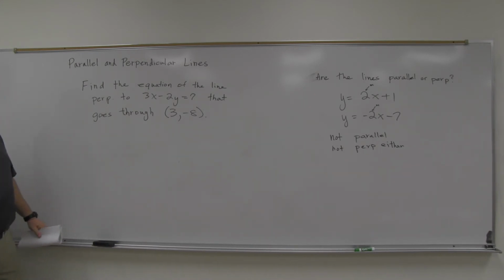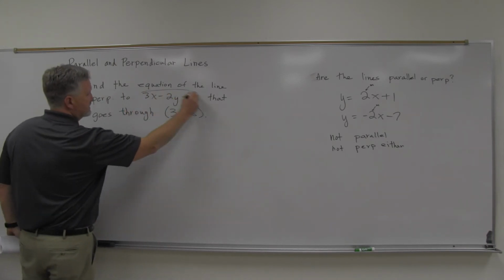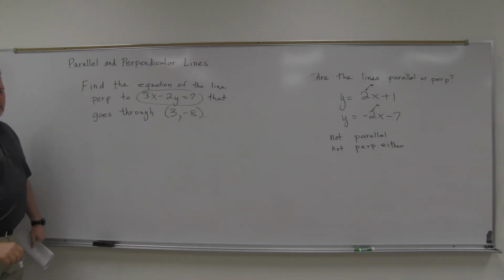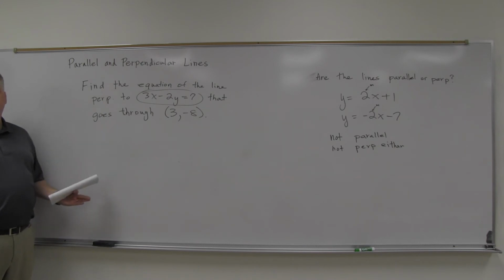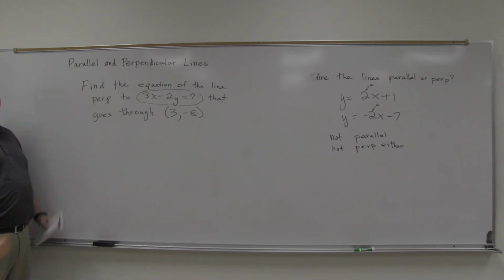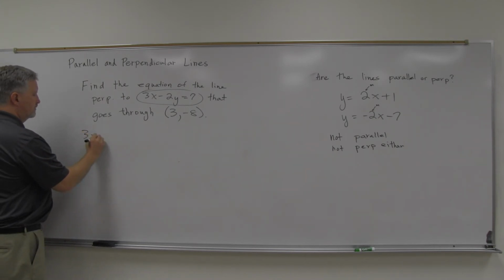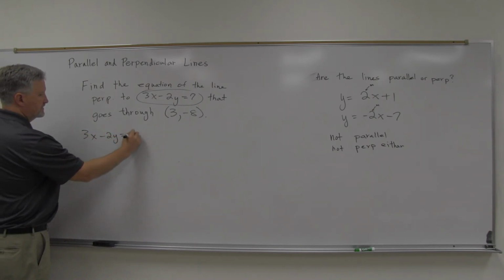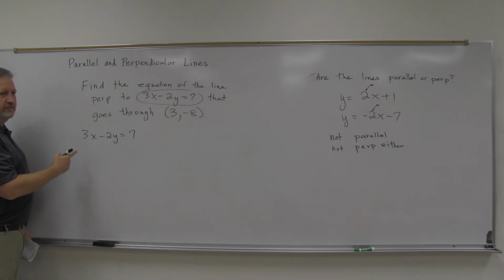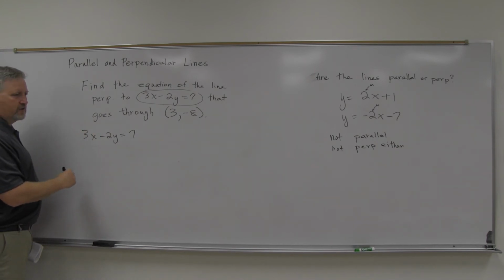Yeah, it's the same deal, right? First of all, I need to establish this is my original line. What's the slope of that line? Because that'll determine the slope of the perpendicular line. And just like before, to get the slope of this line, I can't read it right off of there. You do a little work. Let me go ahead and solve this for y, get it in y equals mx plus b form.